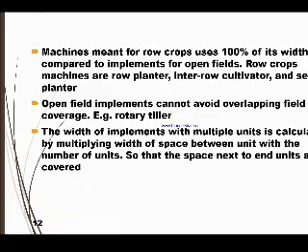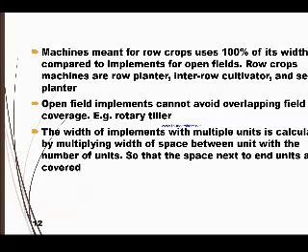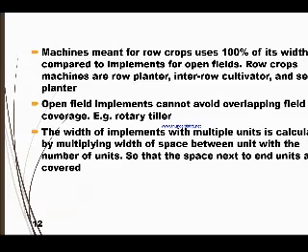Right. Machines for row crops use 100% of the width compared to machine implements for open field. For a machine for row crops, for example the combine harvester, the width is normally 100%.